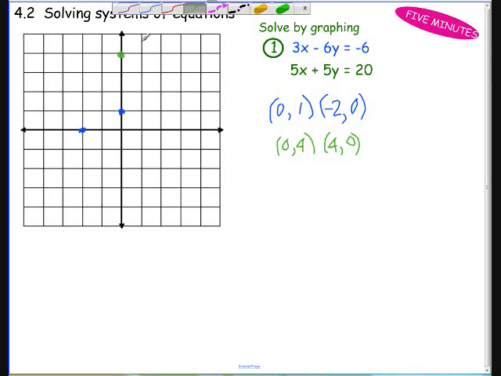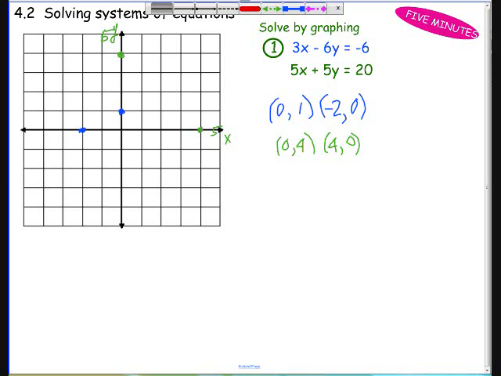It's probably better if I did. I could say, okay, this is my y-axis, this is my x-axis, this is at 5, and this is at 5. Okay, so back to this. At 4, y is 0. So there's my 2 lines.